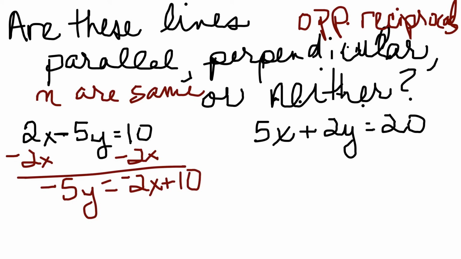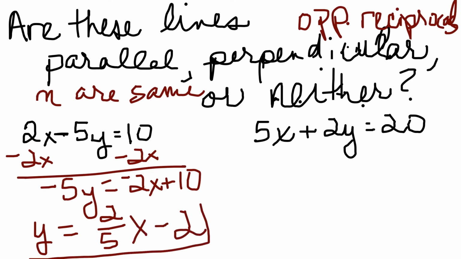Divide everything through by -5, so I end up with y equals a positive 2/5, because a negative divided by a negative is a positive. So 2/5 x minus 2. And I want to just highlight this right here. So that is my slope of 2/5.